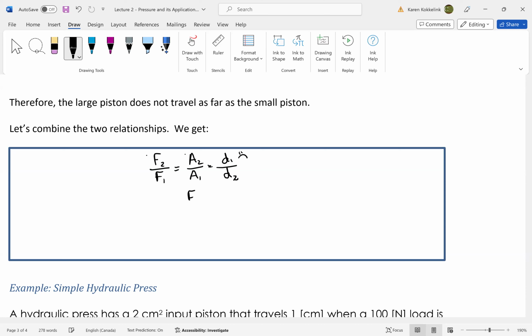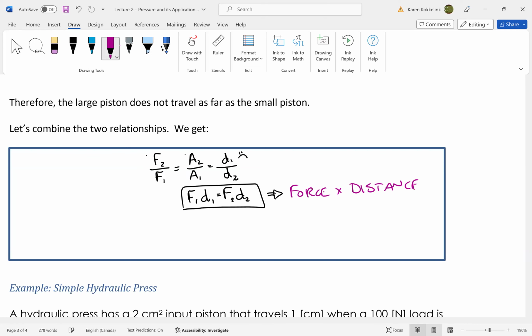And we can rearrange this, and we can now relate F to D. It's a simple mathematical matter to observe that F1D1 is equal to F2D2. And these should really ring a bell. Force times displacement, force times distance equals work.